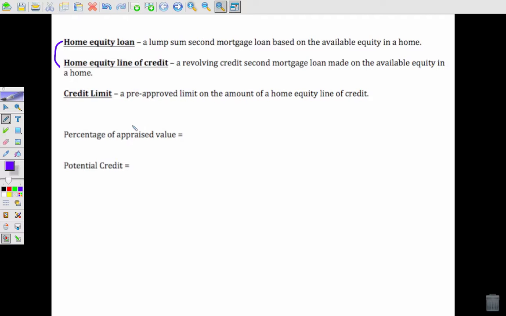First of all, the appraisal is the worth. How much is the house worth? So a percentage of the appraised value is how we determine what you can have as a potential credit. You take your appraised value and multiply that by the lender's percentage.